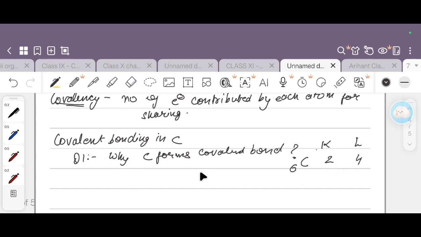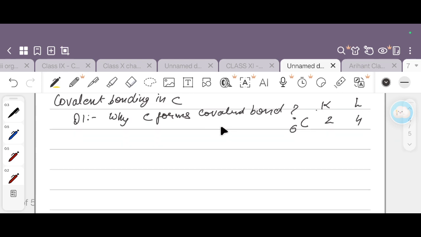For making a stable configuration, we have two ways. First, we can remove 4 electrons and make it like helium, having atomic number 2 and a stable 2-electron configuration.